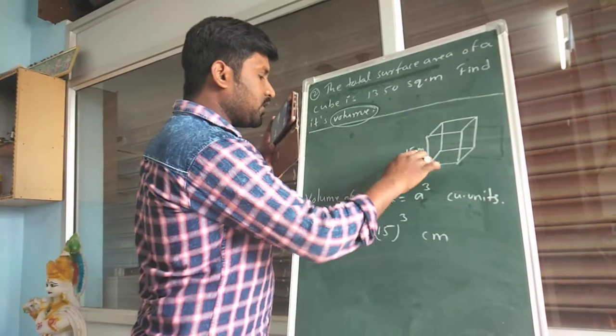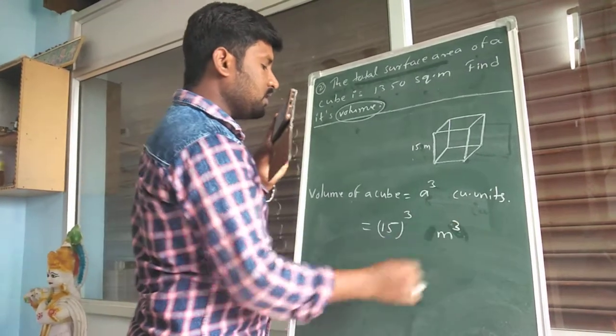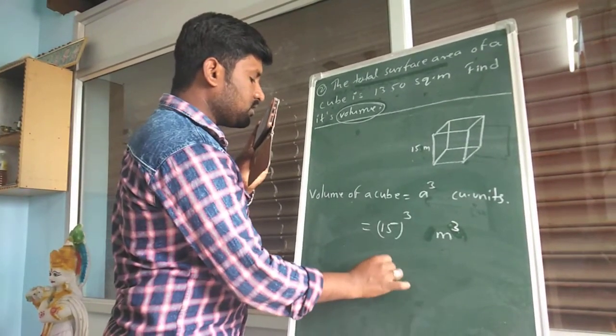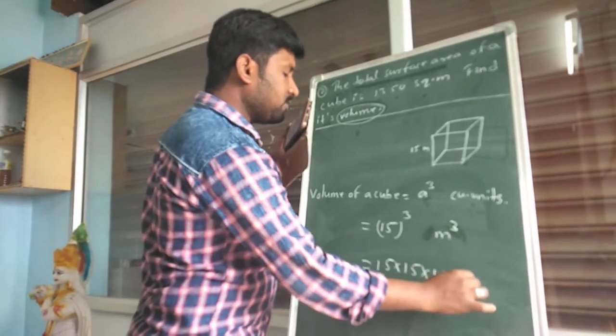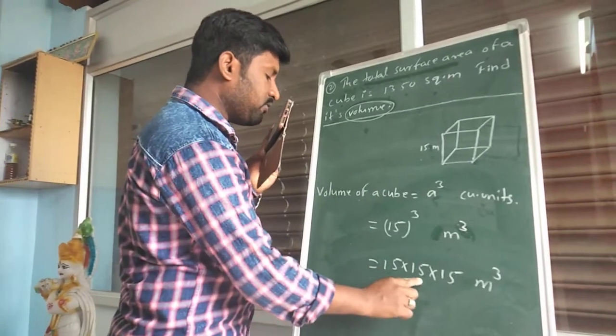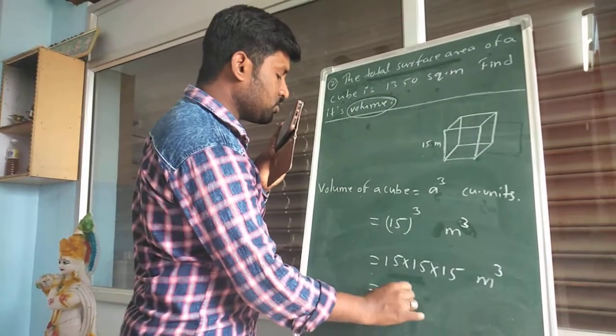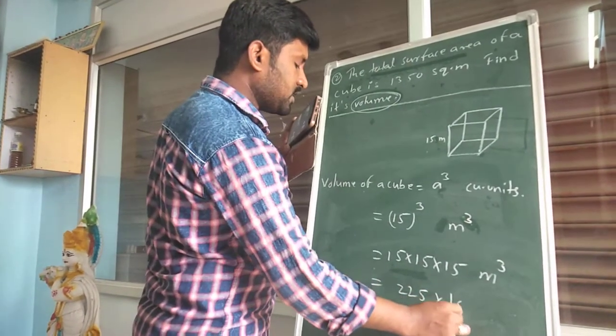Cubic units, here units is meter. That's why cubic meter. 15 cube means 15 into 15 into 15 cubic meters. We know 15 15s are 225, into again 15.